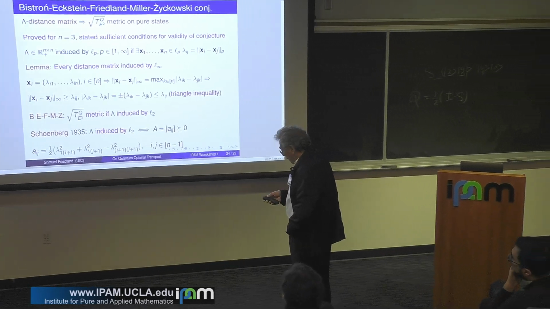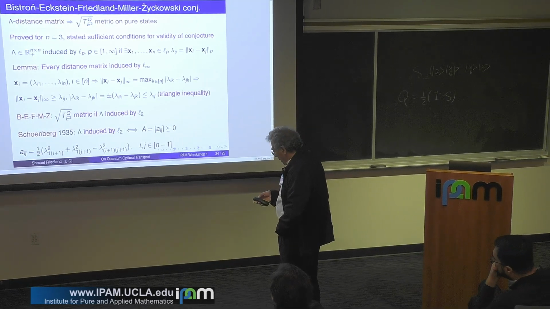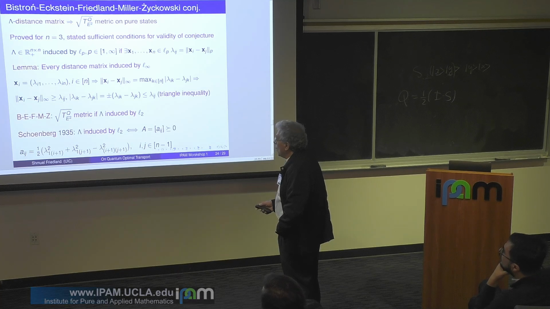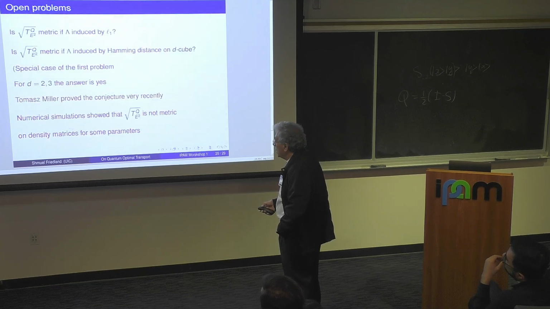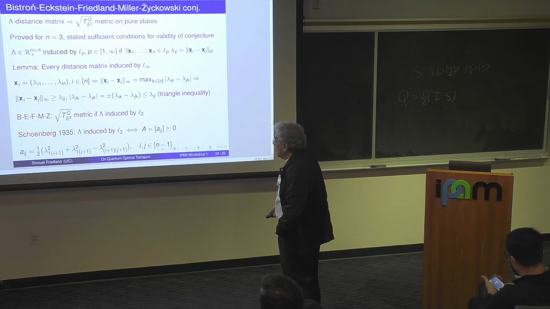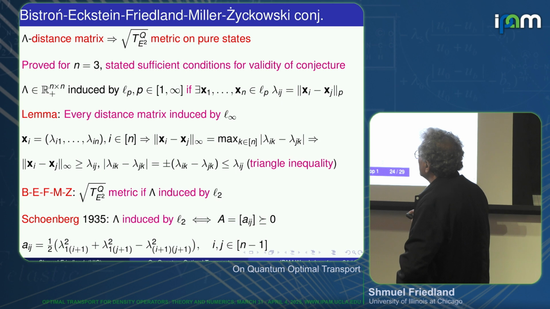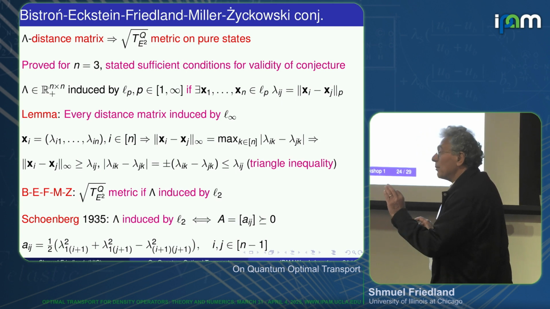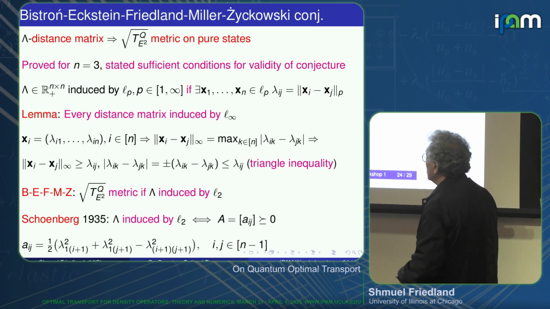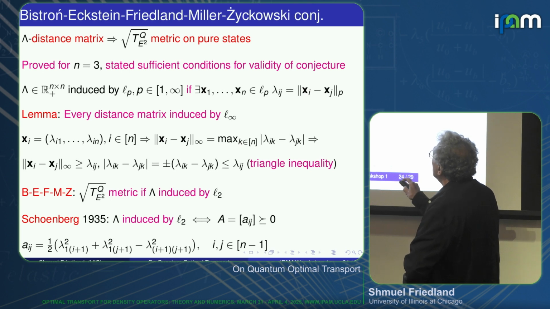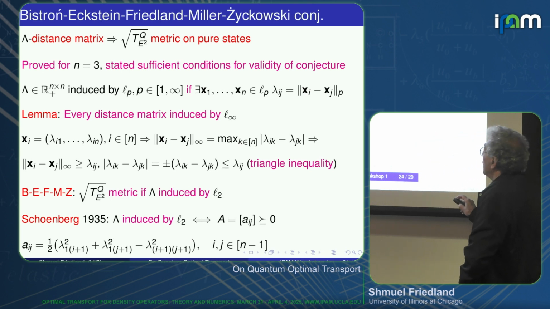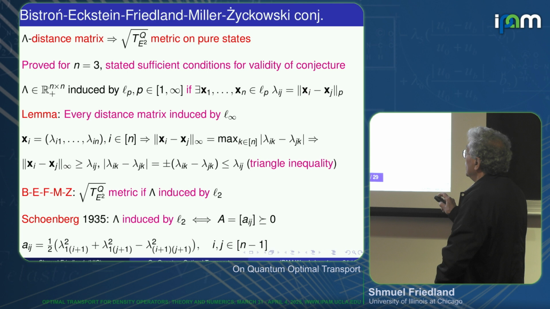We worked hard, and we showed that, suppose the metric lambda ij on 1 up to n is induced by L_p. If you have n vectors in L_p such that lambda is the L_p distance.